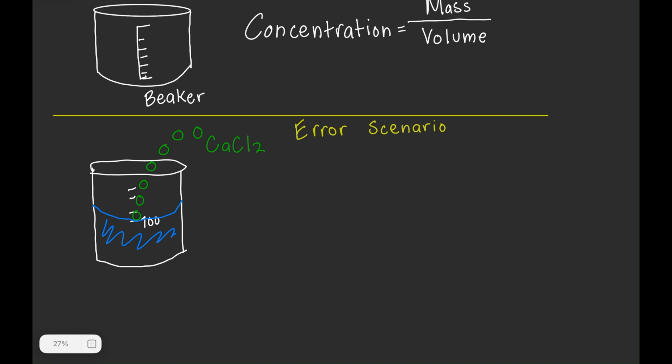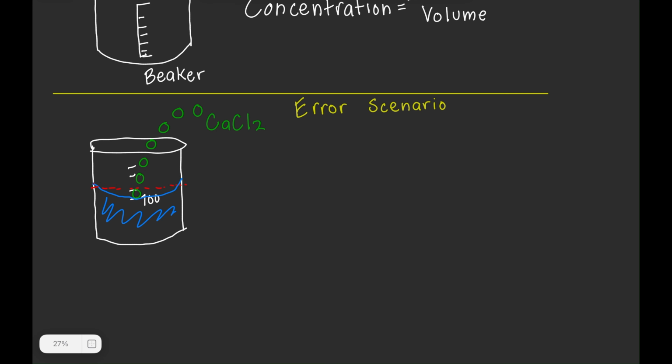because what happens is as you put your calcium chloride into your 100 liters of water, this water is going to be displaced, and we'll do a red line, and eventually this will come up a little bit. So now you have more of this solution, and so this is going to be incorrect. By adding that salt to the full 100 liters, the final volume will exceed 100 liters.